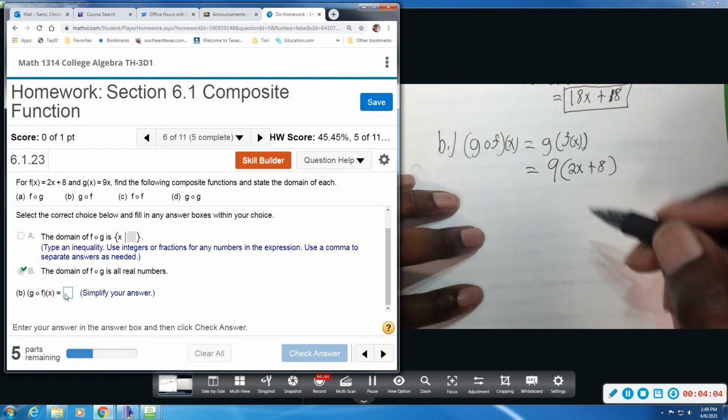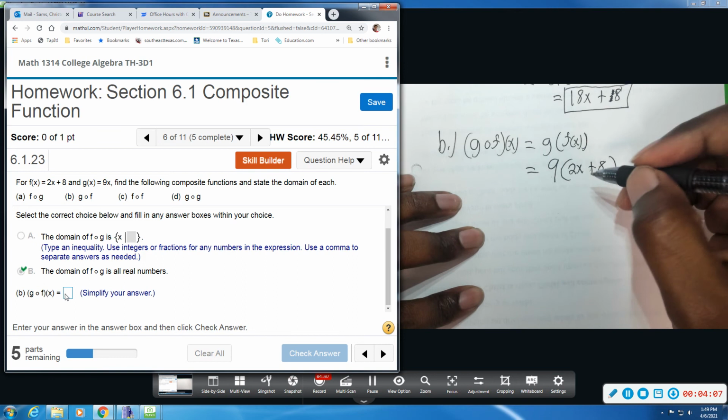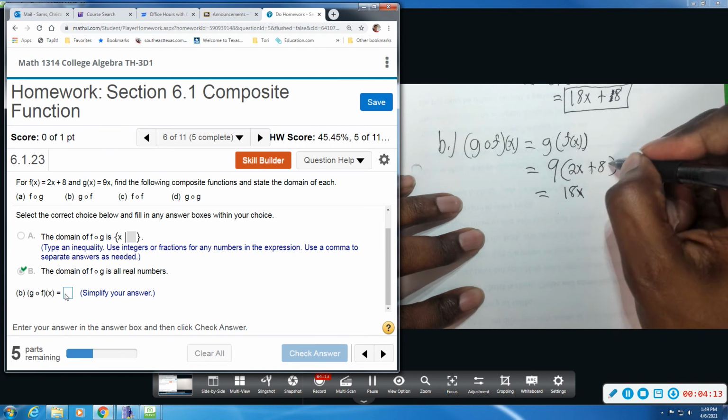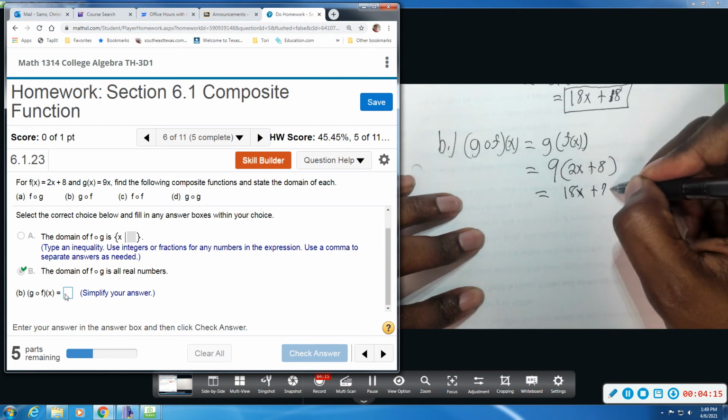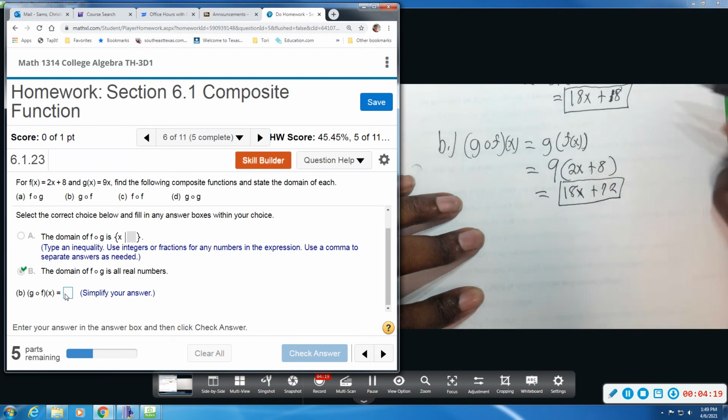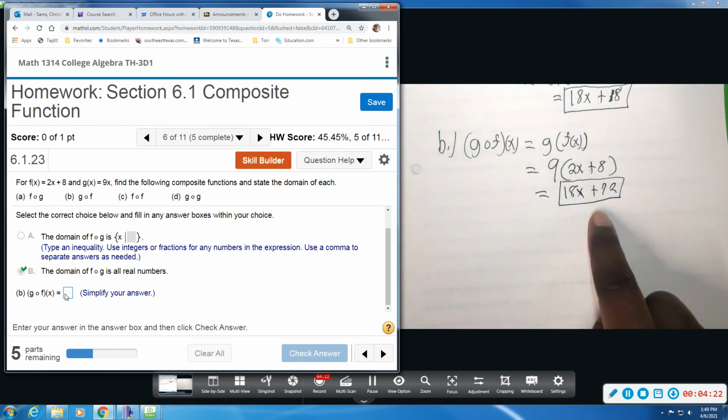And we have to distribute 9 to both of these. So that gives us 18x. 9 times 8 gives me 72. So 18x plus 72 is that expression for g composed of f of x.